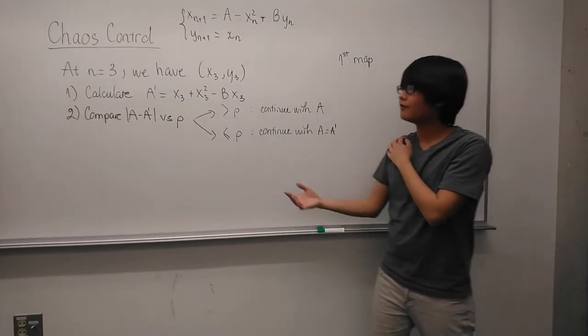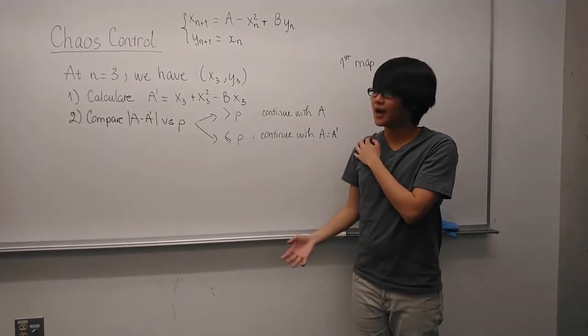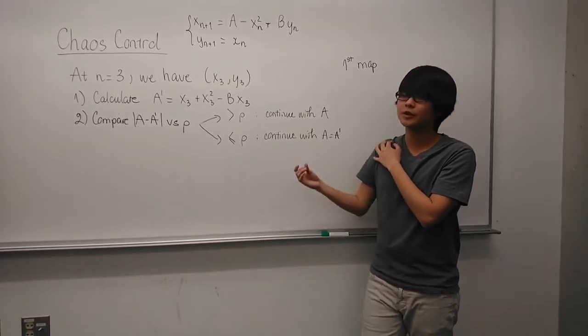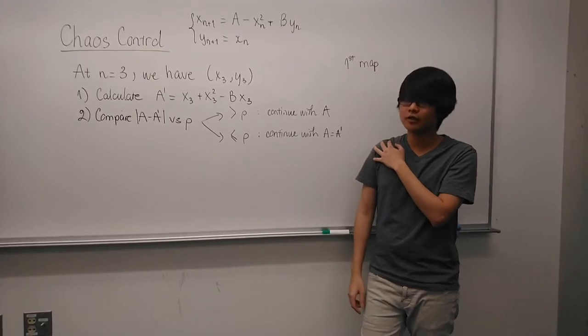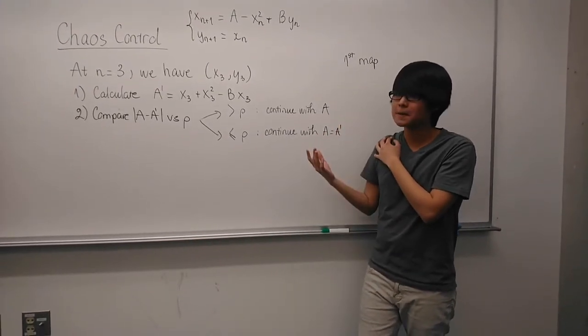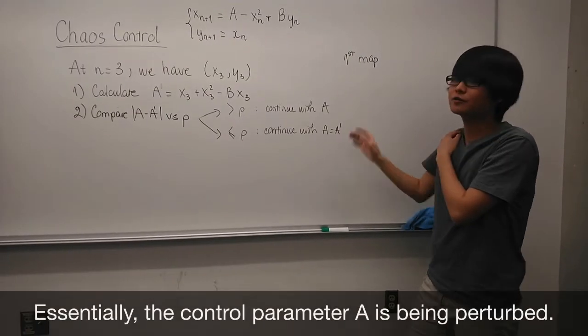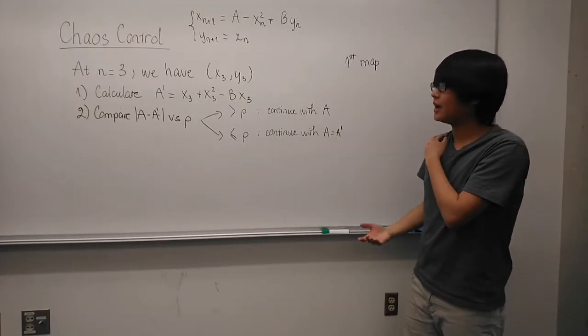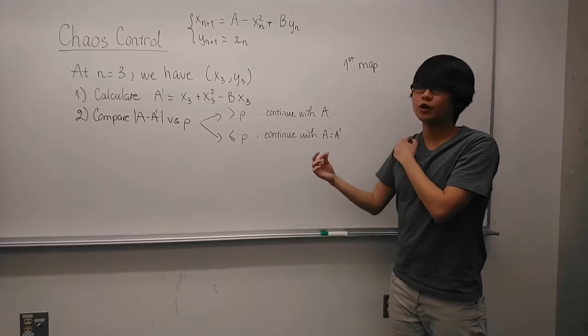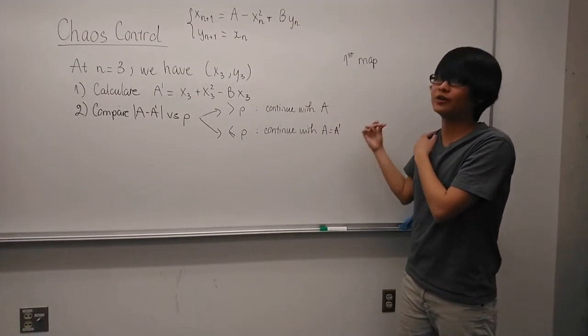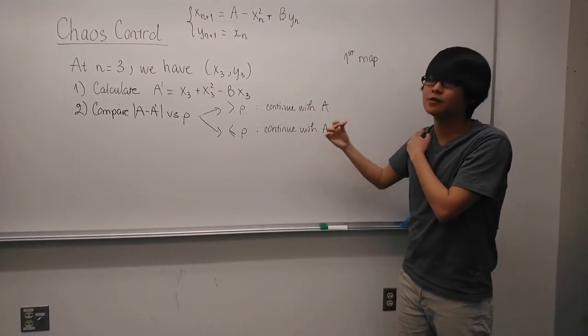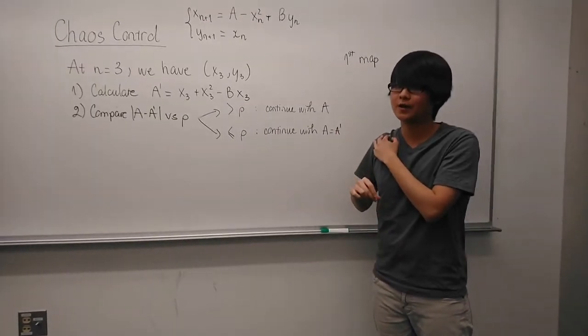However, if a prime is far away from a, then we continue with the next iterate using the original a. This method is repeated for every step, and for every step we compare the pseudo parameter a prime with the original parameter a, which has the value of 1.29.